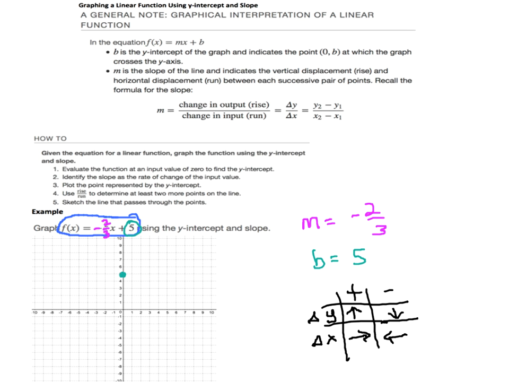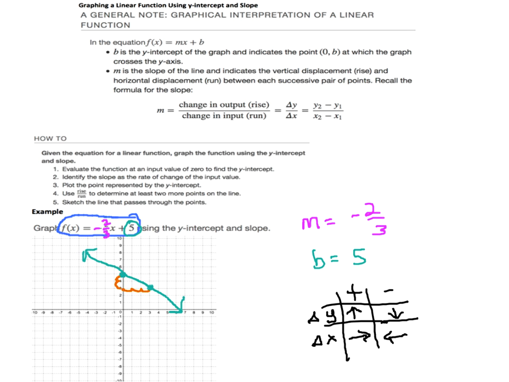So from my y-intercept, I move down 2 units and right 3. 1, 2, 3. I know that when I move that slope, I've hit another point on the line. And then you only have to have 2 points to determine a line, so I'm ready to graph.